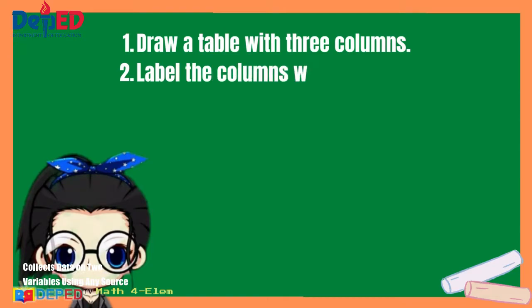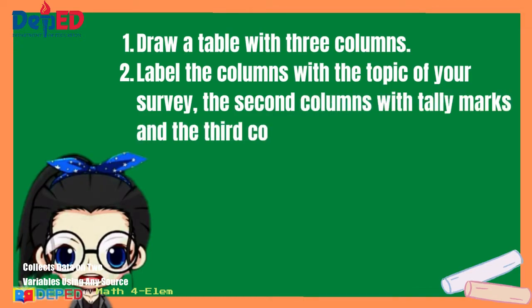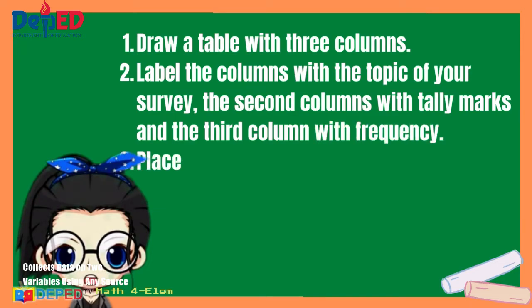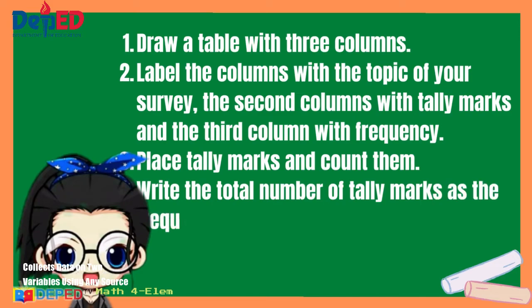Number 2, label the first column with the topic of your survey, the second column with tally marks and the third column with frequency. Number 3, place tally marks and count them. Number 4, write the total number of tally marks as the frequency for a category.